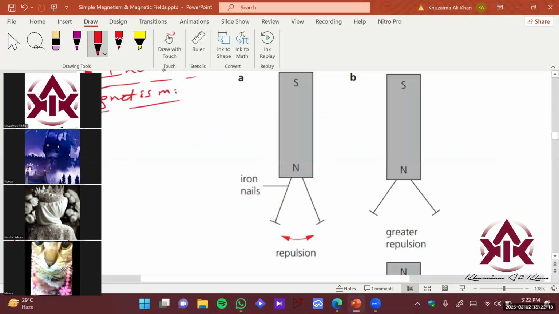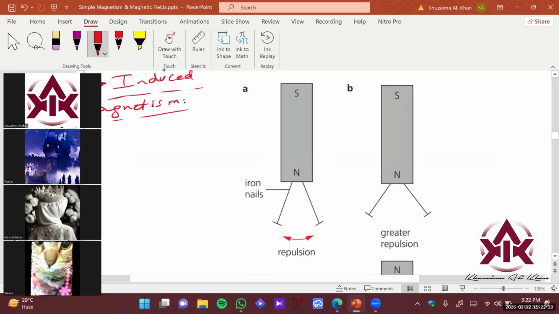In this diagram A, you have iron nails which can be magnetized, right? You can see that they are attracted towards the north pole here. Since they are attracted towards the north pole, they should have a south pole here and a south pole here, right? And automatically this side becomes a north pole, and a north pole here. So this diagram shows that these two north poles should repel each other, and there is a deviation between them highlighting that these two ends are repelling each other.